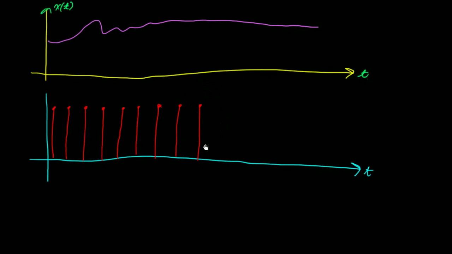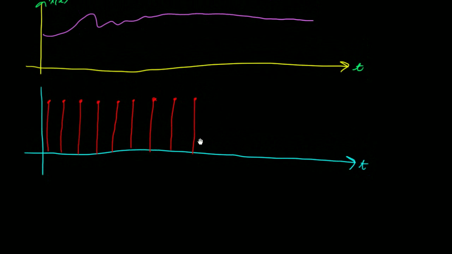Are those unit impulses? Yeah, those are unit impulses, and all equal. It doesn't matter where this ends. You're multiplying by an infinitely long impulse train, so you're only going to get the value of x of t at each impulse.